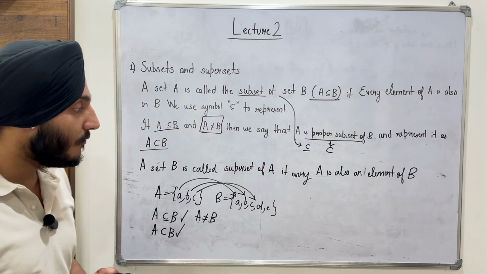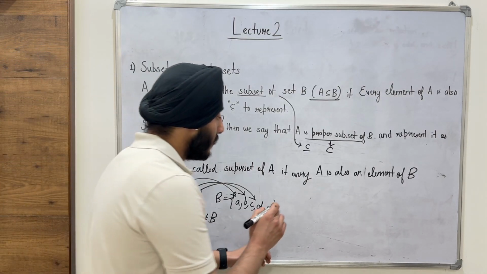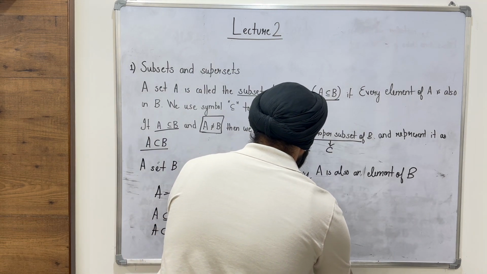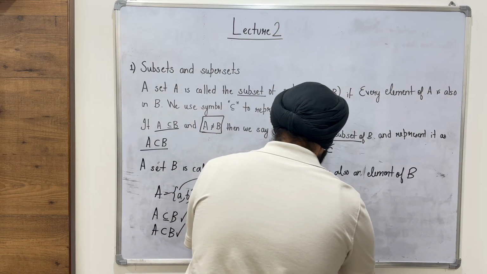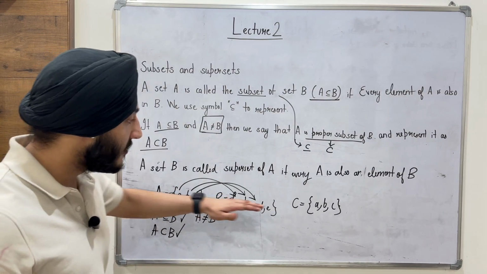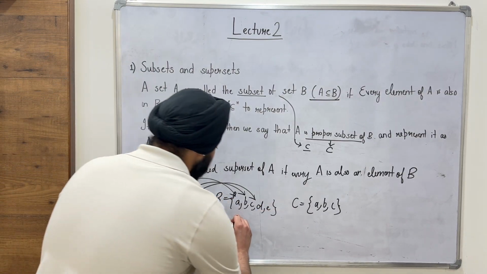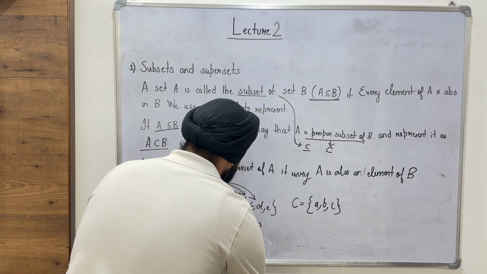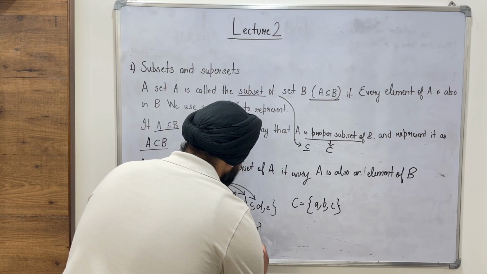I'll try to explain it with another example. So consider I have this another set, let's say C. Now, if I ask you the question, is A a subset of C, and is C a subset of A?